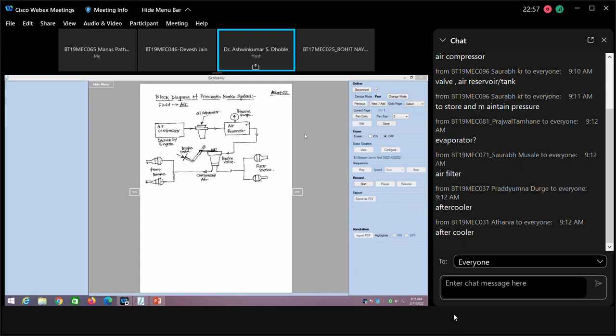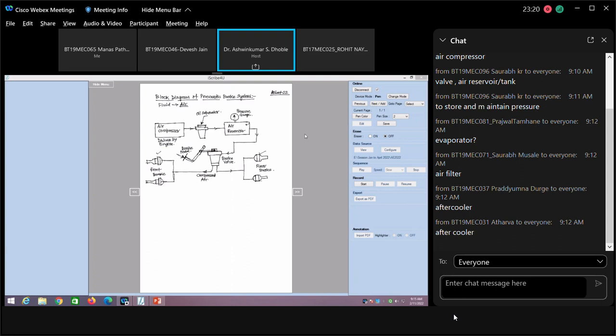In that process the oil traces may come along with the air, and you need to separate that, otherwise it will go into the system and may have a corrosive effect on the valve and on the cylinders used for actuation of the brakes at the front and rear. That is basically the oil separator.